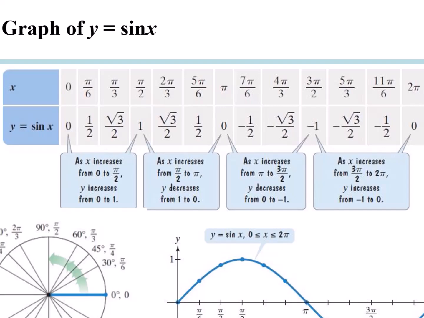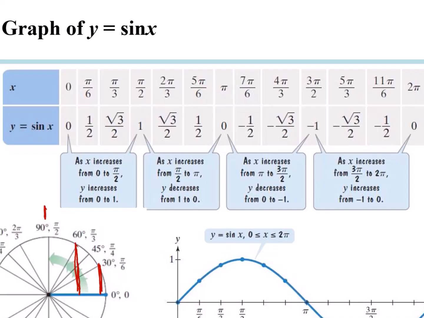So the y values increase from 0 to 1/2, and then as we go to pi over 3, the vertical distance increases further. We have a vertical distance which is greater than what it was at pi over 6 until we get to pi over 2, where y has a value of 1. And that is the highest value that the sine function is going to take.